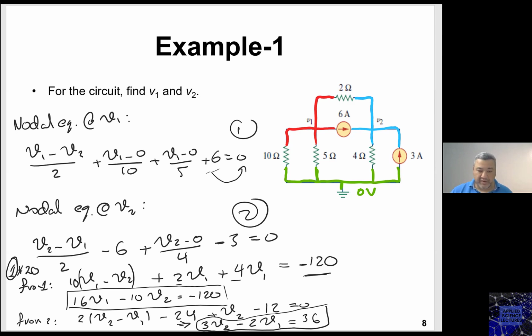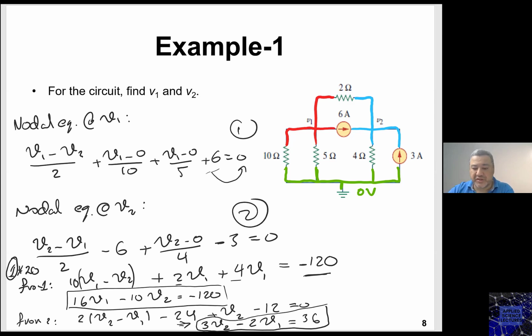It doesn't matter, right? Make sense? Even if you multiply by 10, what you're going to get here is basically 6V1 minus 5V2 minus 60. It's not going to matter. I picked 20. It could have been 10 also.